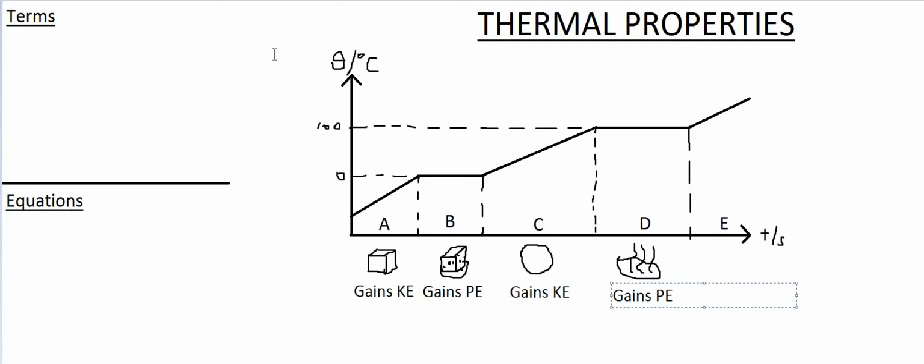And in region E, you just basically have water vapor everywhere. Once again the water molecules are gaining KE, because as you continue to heat them, they'll move faster and faster and collide with each other more and more.